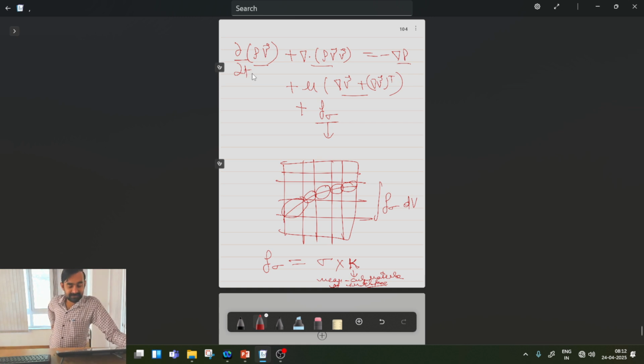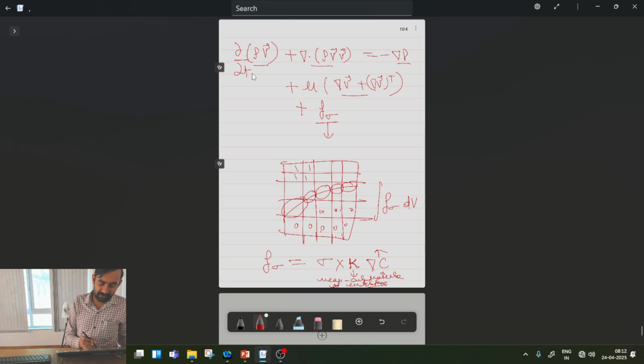Now, because this force should be calculated only for the cells which contain the interface, we have to multiply by certain parameters which vanish at all the cells away from the interface. For that purpose, we take the gradient of the color function, because the value of the color function in all these cells will be 0. The gradient will be in between this cell and this cell. Whenever I define the gradient at the edges of the cells, it will be 0.